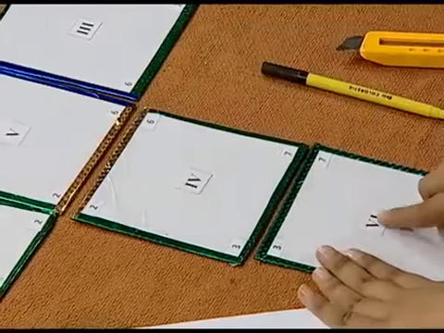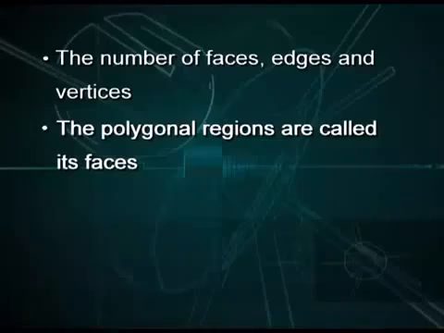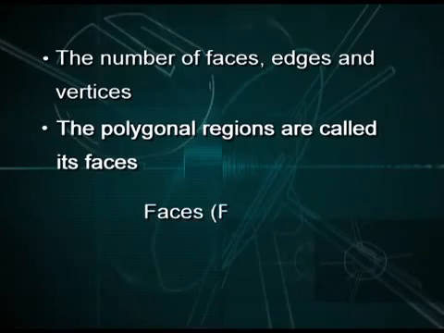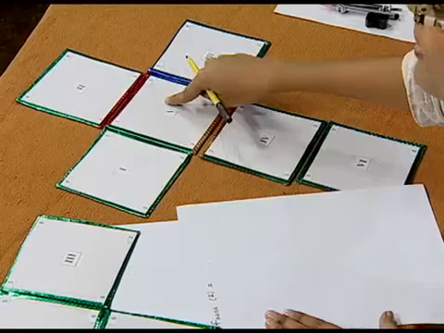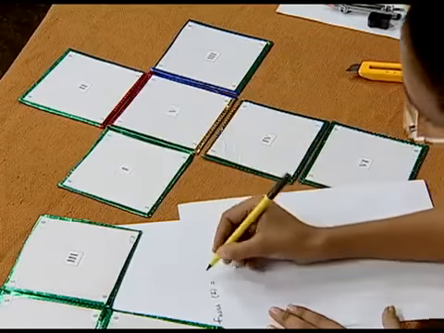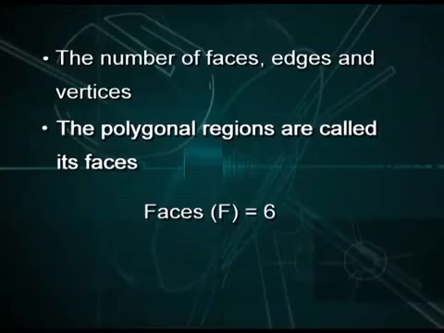This 5 and 6 are the bottom and the topmost faces. So, F, denoting the number of faces, is equal to how many? Let us count again: 1, 2, 3, 4, 5 and 6. So, 6.